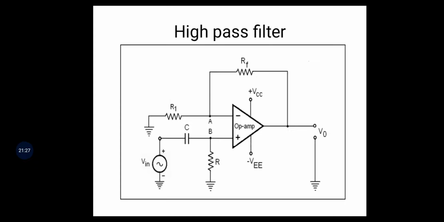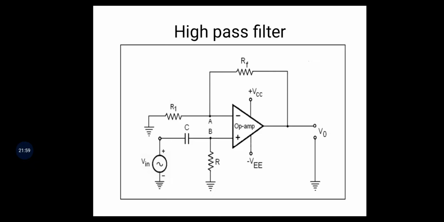Here A and Vi are at the same potential due to the virtual ground concept. The input resistor R1 and feedback resistor RF are used to determine the gain of the filter. The R1 and RF values give the gain of the filter in the pass band.